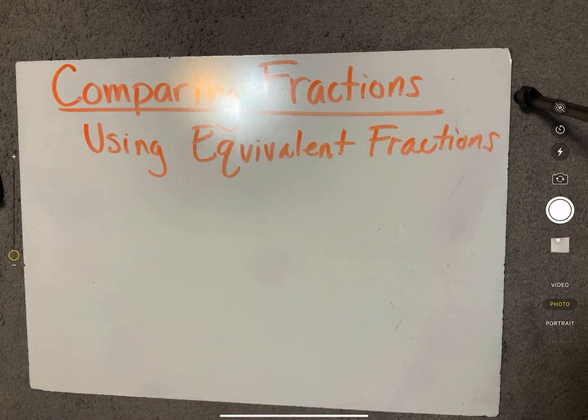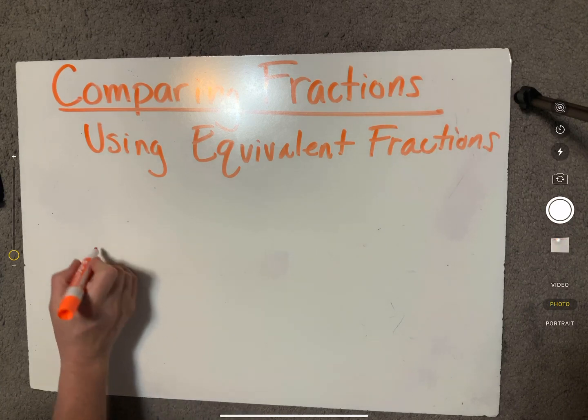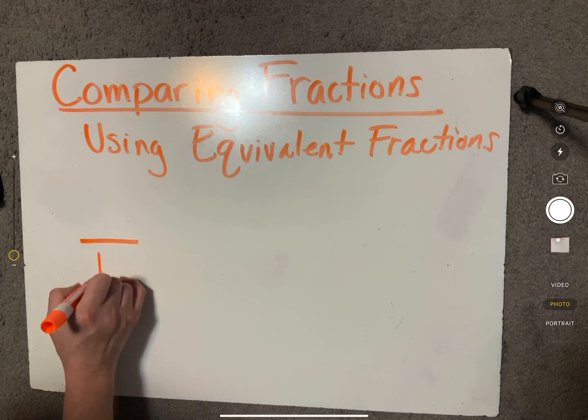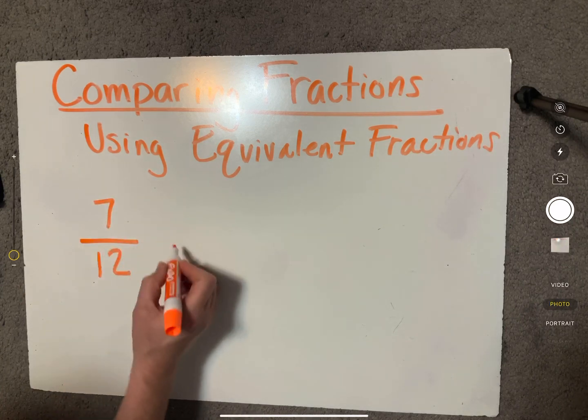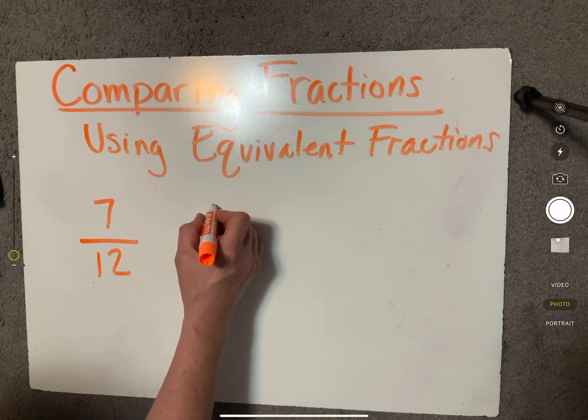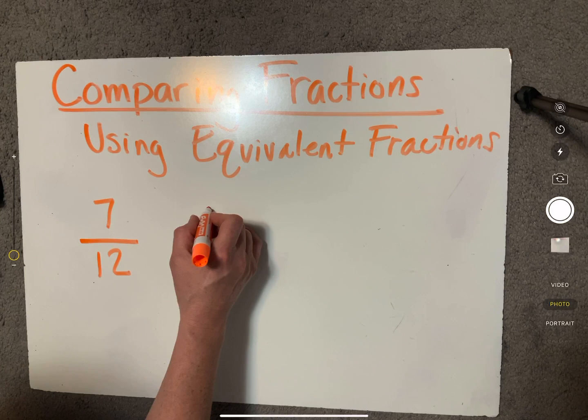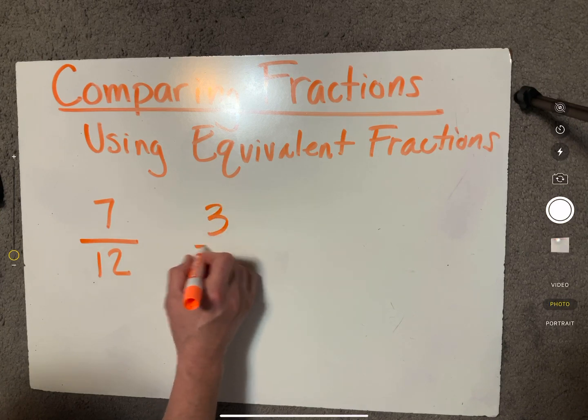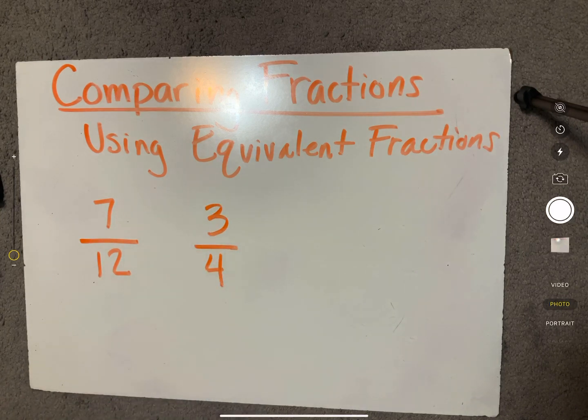So let's say that I have 7/12 and 3/4. Okay. Now, my strategy is to go through my strategies.